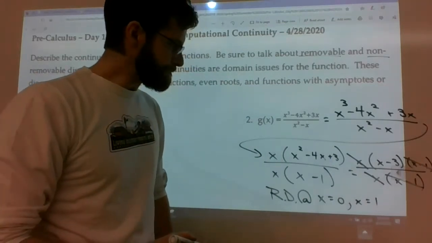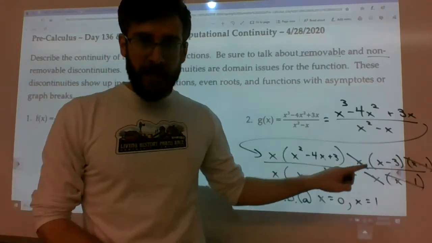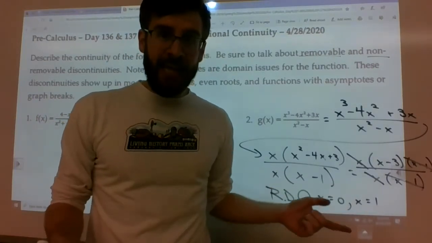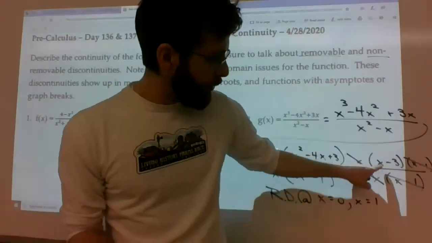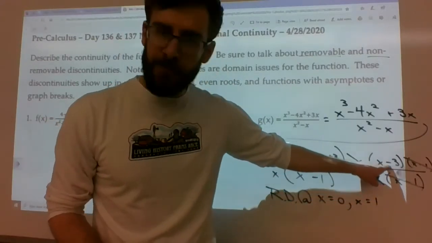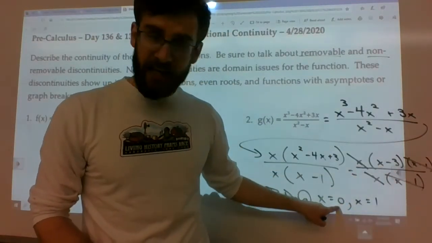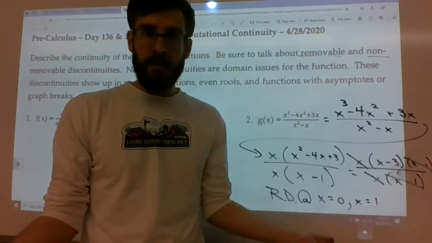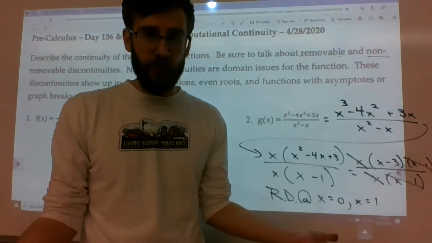Okay. Now, nothing remains on the bottom, which means there's no asymptote to this function. In fact, if we were to graph this, it'd just be the line x minus 3 with a hole at x equals 0 and a hole at x equals 1. There are no non-removable discontinuities.